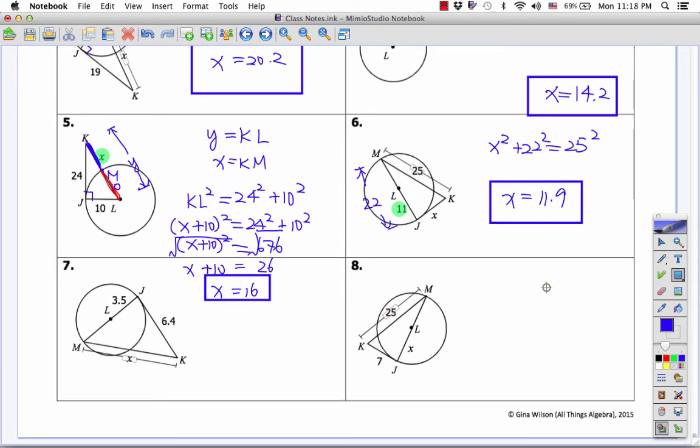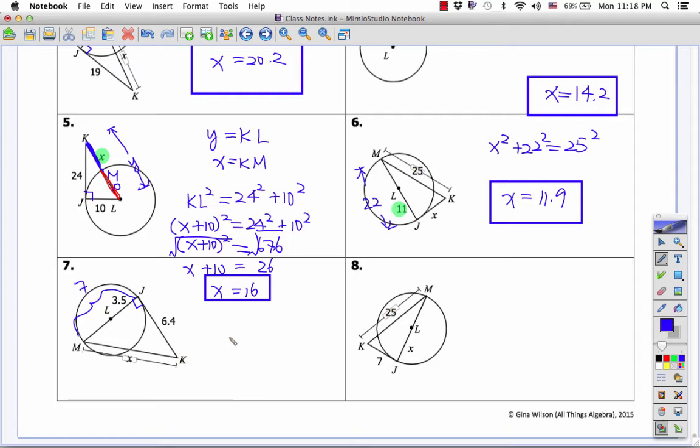Number 7, same thing. It's almost exactly the same thing. LJ is 3.5, so this whole length should be 3.5 times 2. So the whole length of MJ is 7. If I have that, I know JK is the tangent line, so my 90 degree is there.